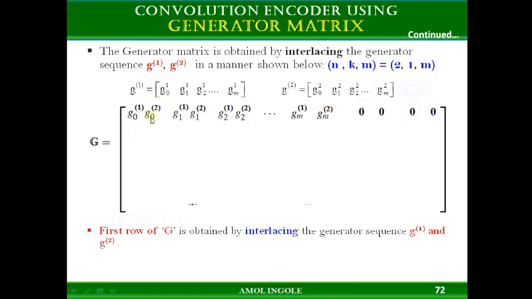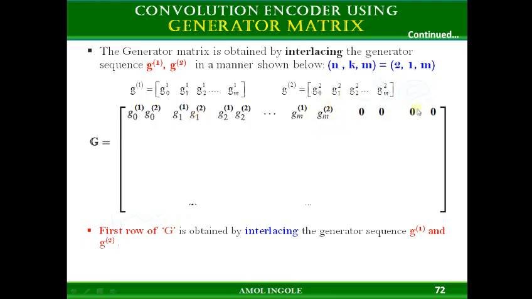G2 0 is the first bit of the generator G2. Then you can go on interlacing the remaining bits in the same way. Like this is the third bit of the generator matrix, which is nothing but G11, the second bit of G1, interlaced with the second bit of G2, which is G21, and so on. This is how you will get the first row of the generator matrix.